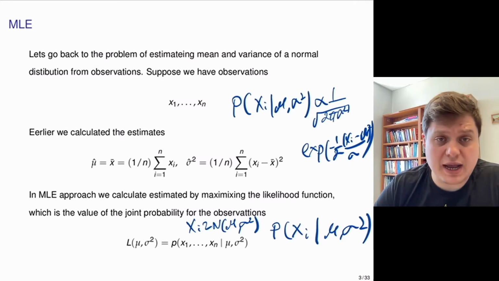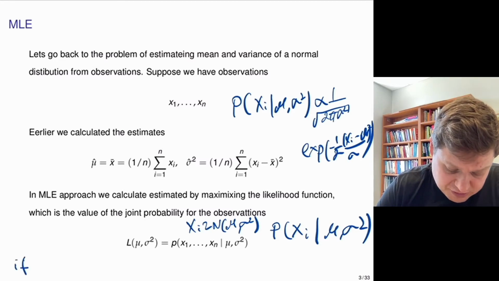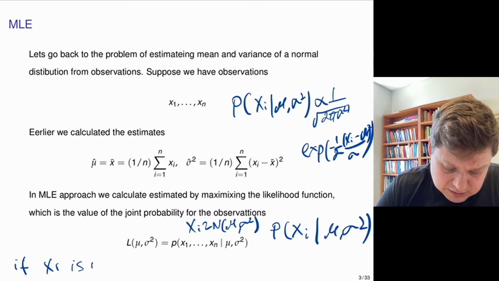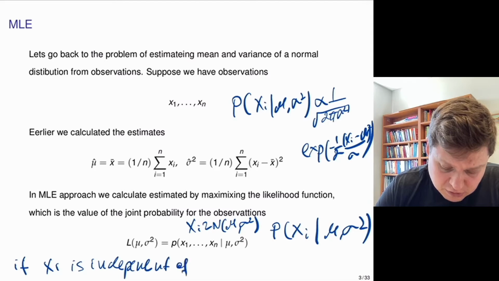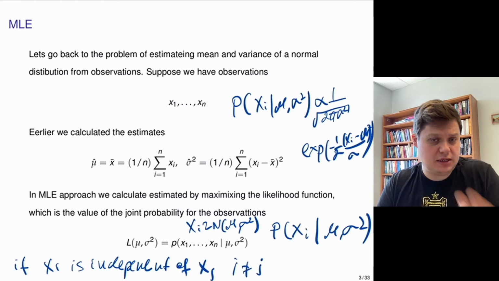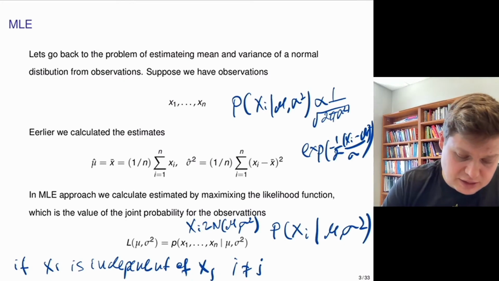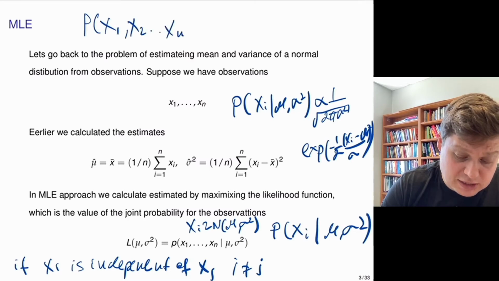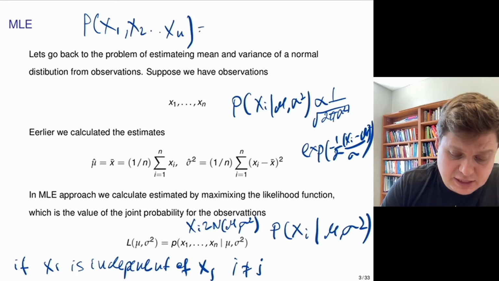And then if samples are independent, if xi is independent of xj when i is not equal to j, meaning that if you take any pair of observations they are independent of each other, then the likelihood of observing the entire sample, the likelihood of observing x1, x2, all the way to xn, so the likelihood of observing the entire data set, is just the product of individual likelihoods.